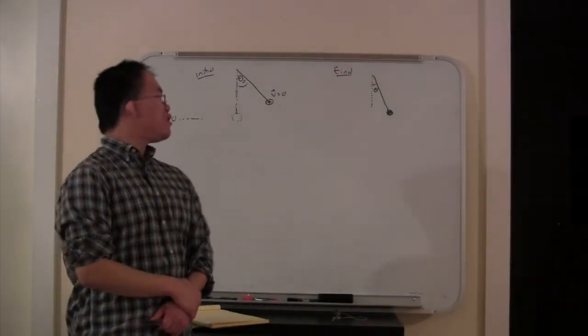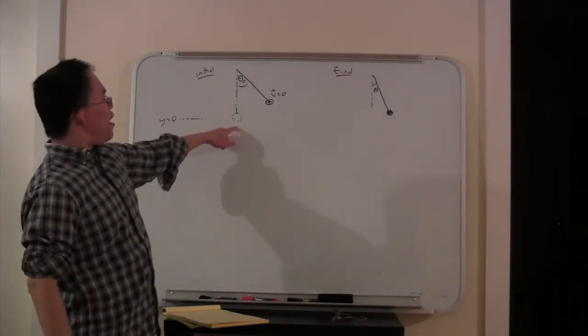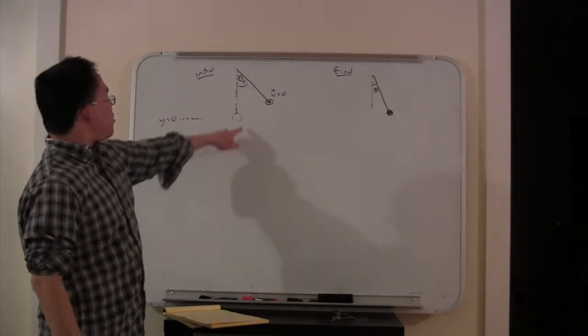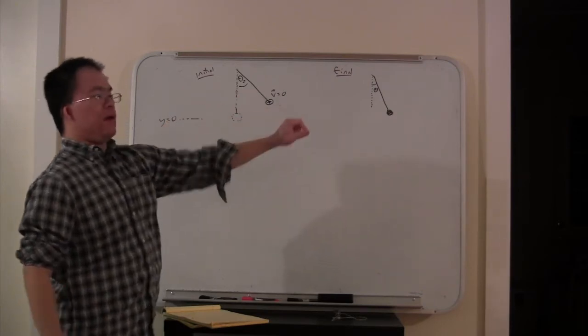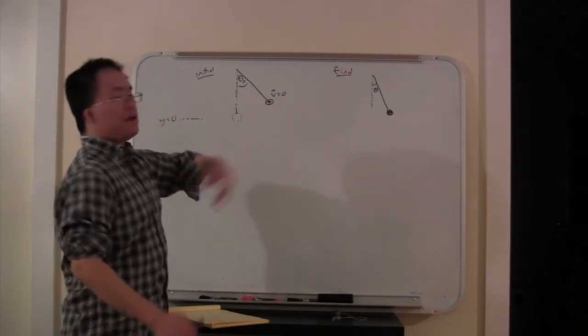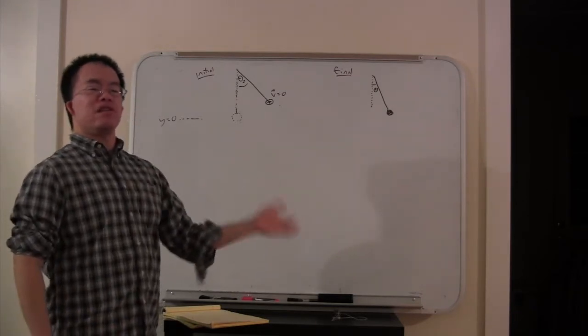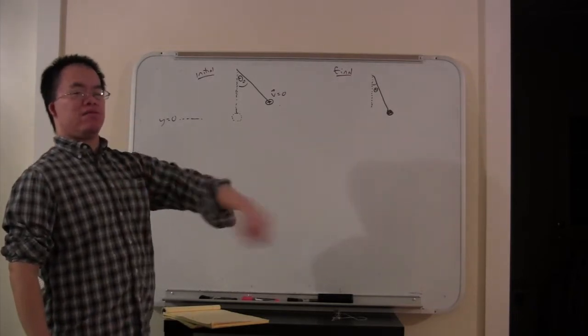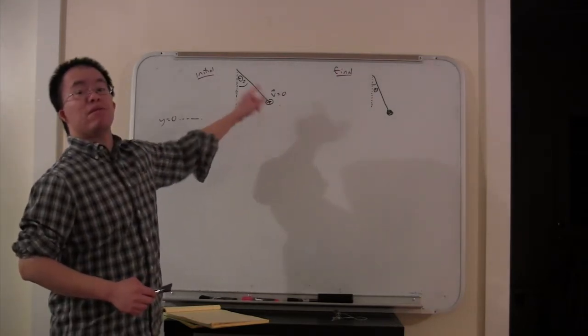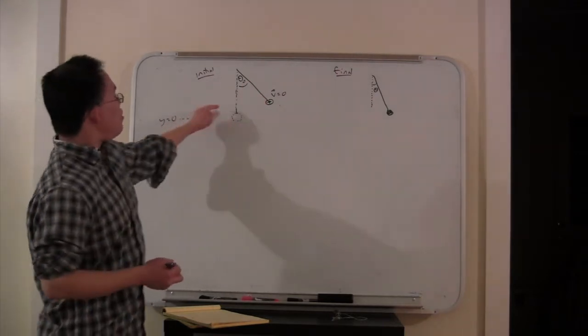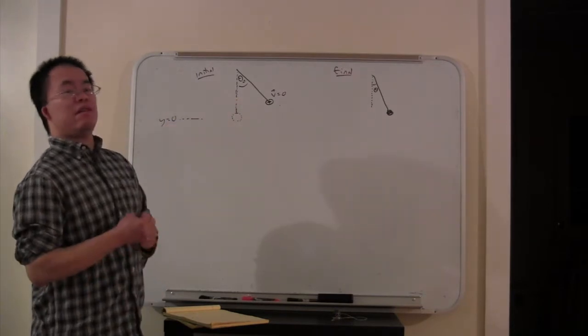Okay, so let's analyze this carefully. We said that at this initial situation, when my pendulum bob is at theta naught, either when I release it or if I've swung all the way to the end, v equals 0, so there's no kinetic energy, and I only have to worry about the gravitational potential energy.